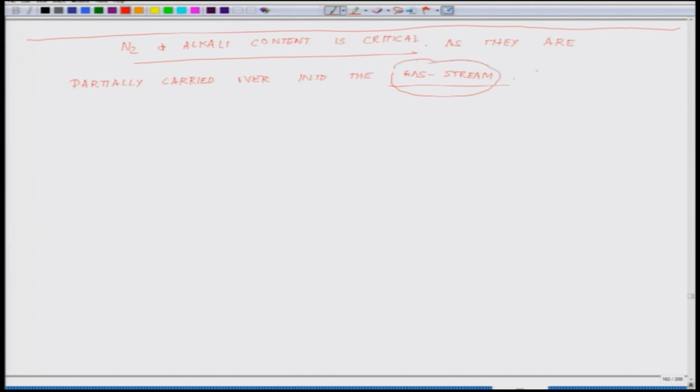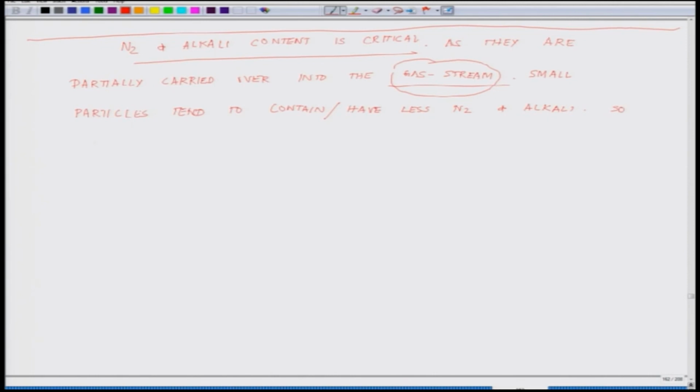So, small particles tend to contain or have less nitrogen and alkali.